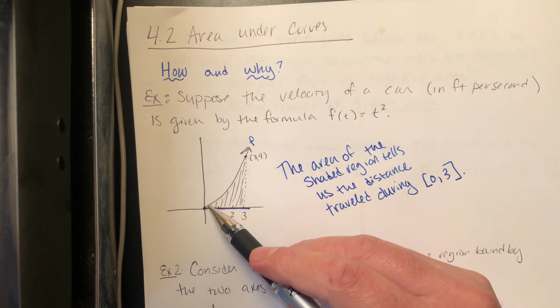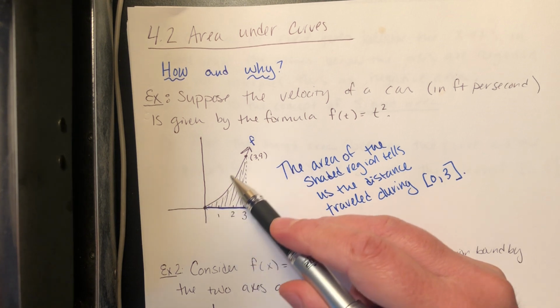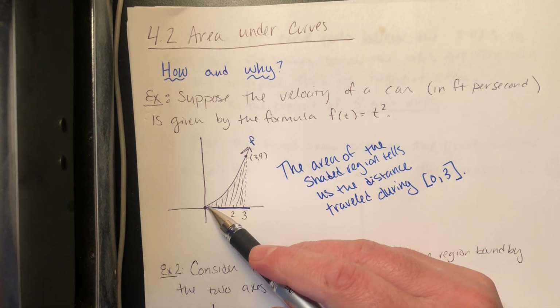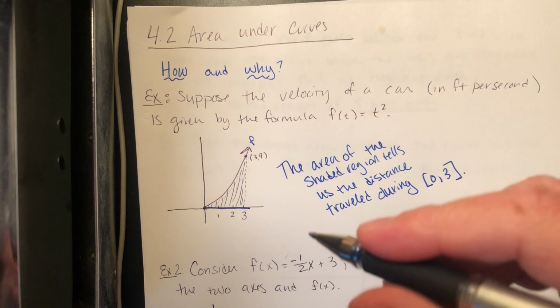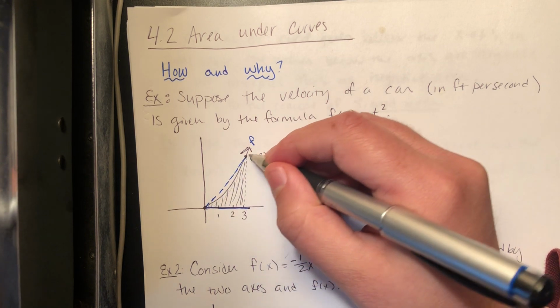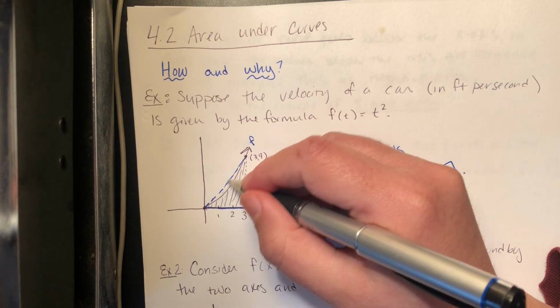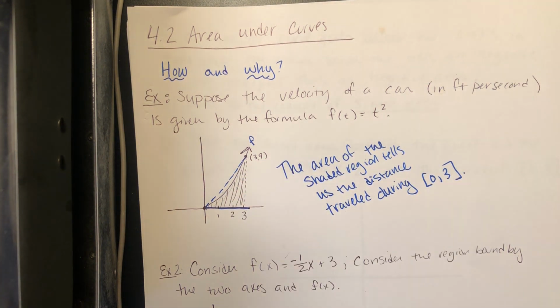We could probably estimate this pretty easily because this looks roughly triangular. We could get an okay estimate just by forming a triangle here, although it'll be a little bit of an overestimate, because if we turn that into a triangle, we're going to be including some area here which technically isn't under the curve, and so it isn't really going to add to the distance.